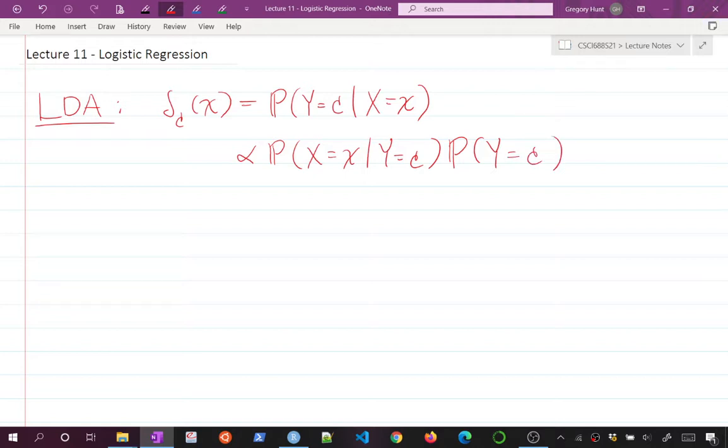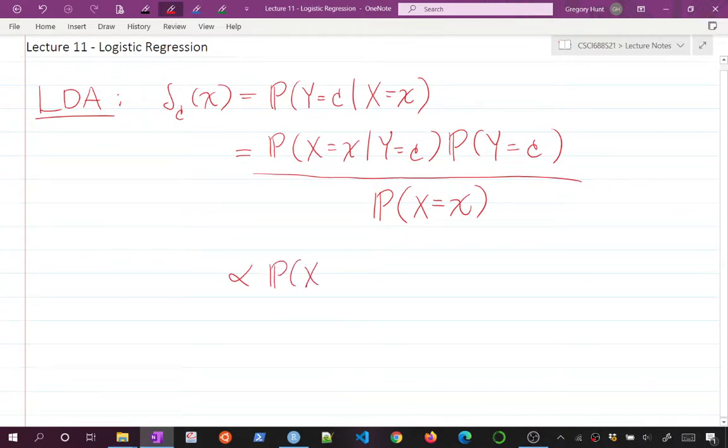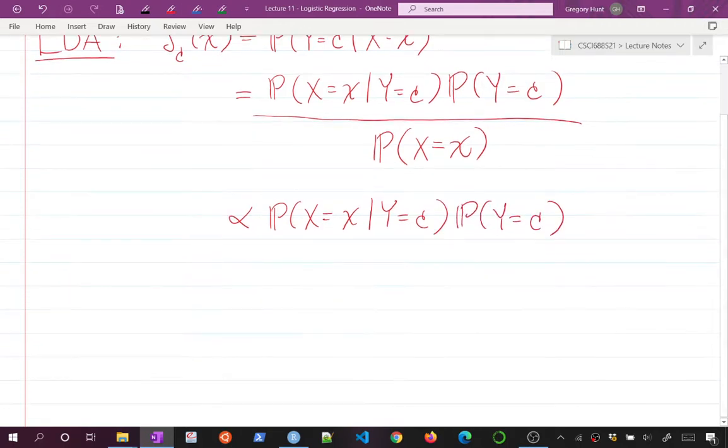This is just proportional to, because if we really wanted to make it equal to, we'd have to divide through by the probability of observing our data. But we don't particularly care about that, since it doesn't depend on the class, at least for now. And so this is just proportional to our class conditional probability of observing x times the probability of being in that class.